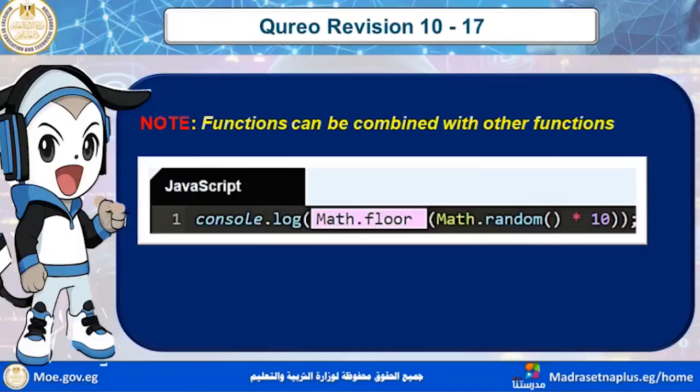We can also multiply Math.random by 10 to get values between 1 and 10. So we will write console.log Math.floor of Math.random multiplied by 10.